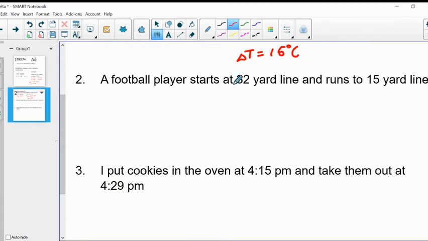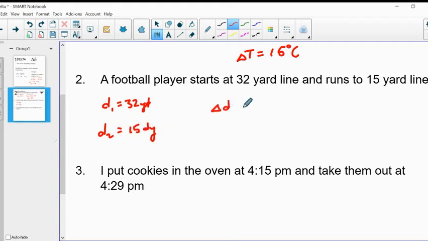Here's a second question. I've got a football player starting at the 32-yard line. So that's either a distance or a displacement. I'll say the first one is 32 yards. And the second displacement, or the final position, is the 15-yard line. Okay.